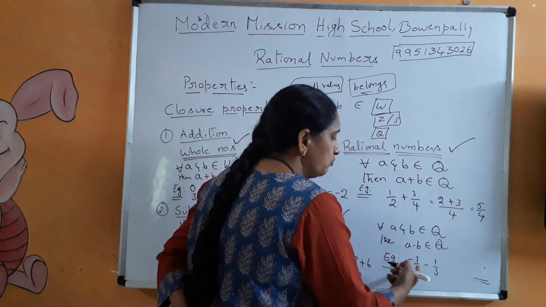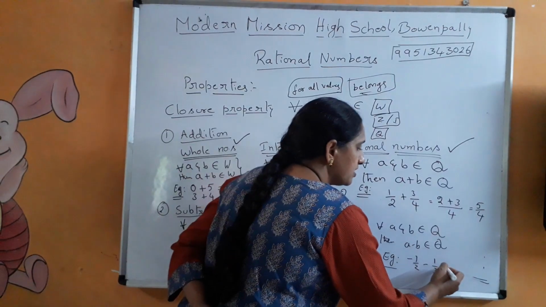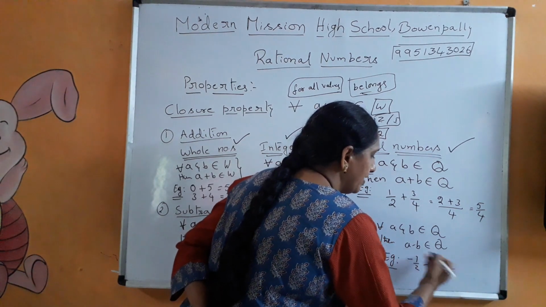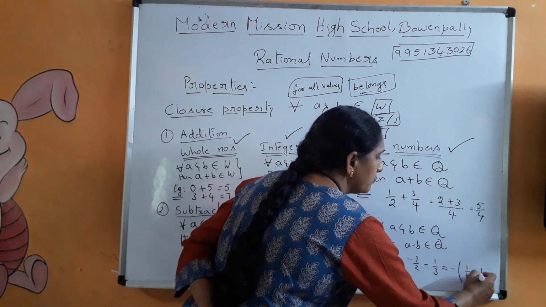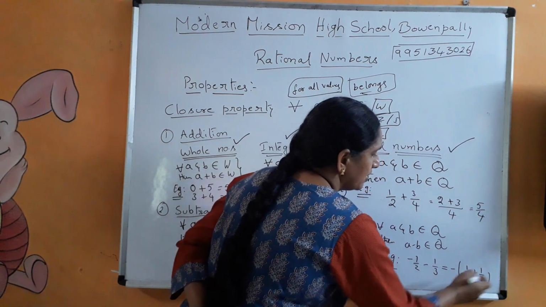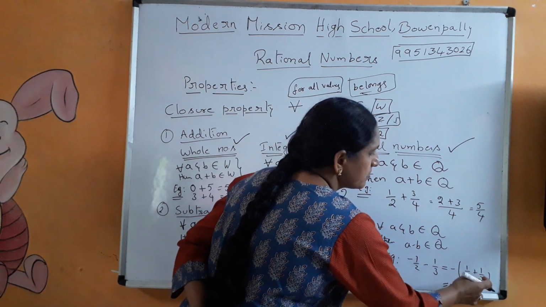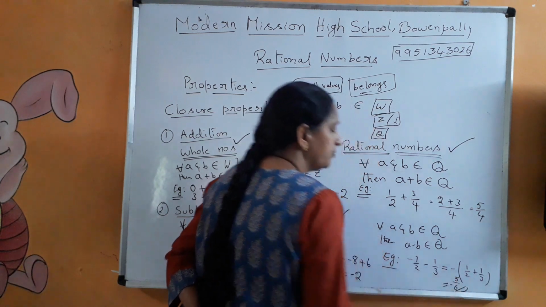Here both signs are the same, so addition takes place and the resulting sign will be minus. So I will take minus common and then add both: 1 by 2 plus 1 by 3. Here the LCM is 6. So minus 6 means 3 plus 2, 5. So minus 5 by 6.